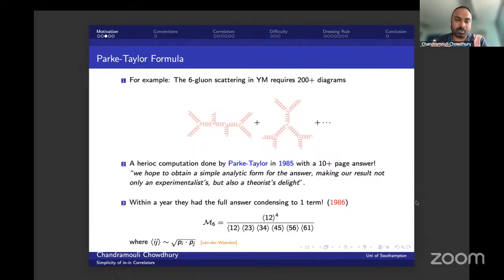You can only imagine how hard this computation would be in curved space. But anyway, although this is often quoted as one of the standard examples, this was not the first time this happened.